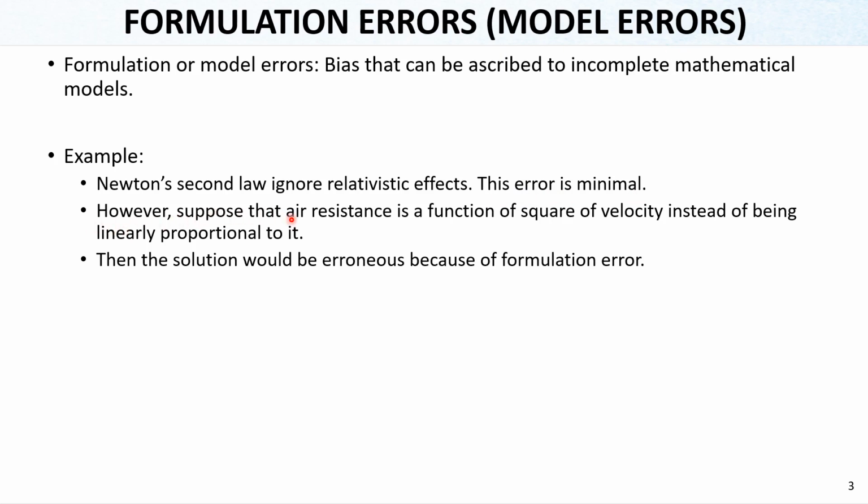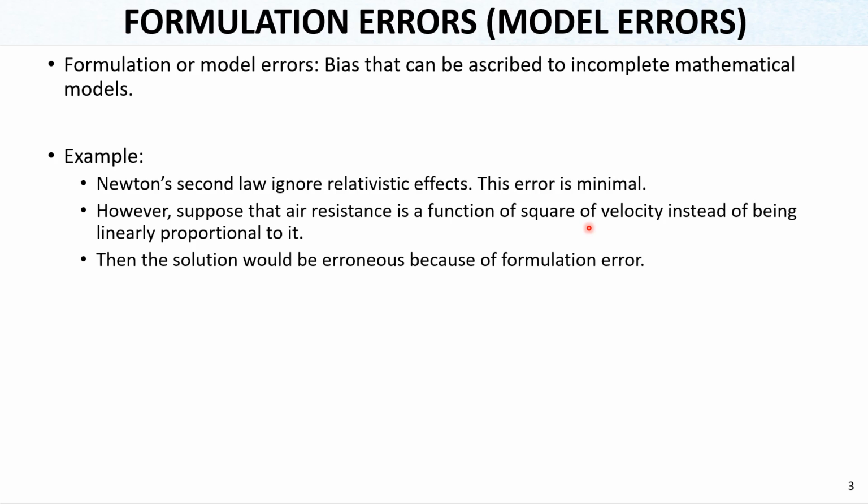However, suppose that air resistance is a function of the square of velocity instead of being linearly proportional to it. If you remember, in the parachutist example, we had an air resistance, and the velocity was only linearly proportional. It was only the v value. But in reality, it can be v squared.